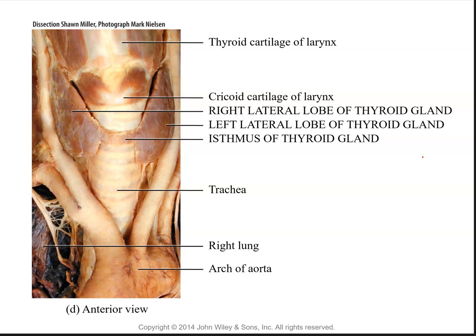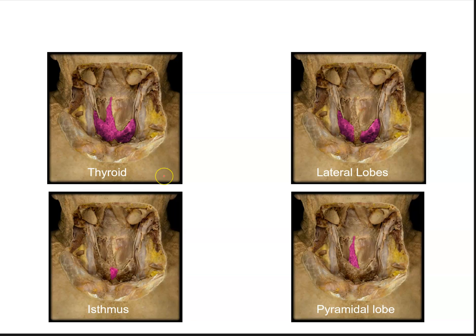So if you take a look at the anatomy of the thyroid gland, you see the trachea over here, that's the trachea, and that's the isthmus, and those are the lateral lobes of the thyroid gland. And there you have the trachea, and right over here you see the aorta. Okay. So you can see how close the thyroid gland is to the aorta.